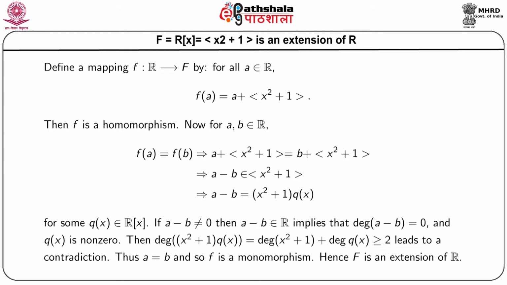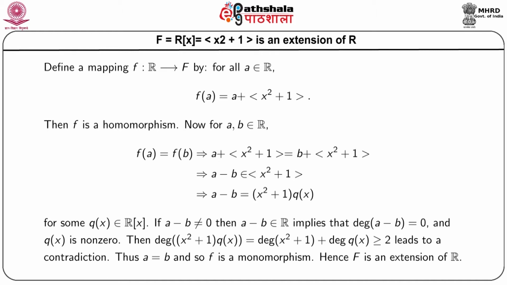Now, to show that this field F is an extension of R, we have to define some monomorphism f from R to F. Define f(a) equal to the coset of a, that is a plus the ideal generated by x square plus 1.